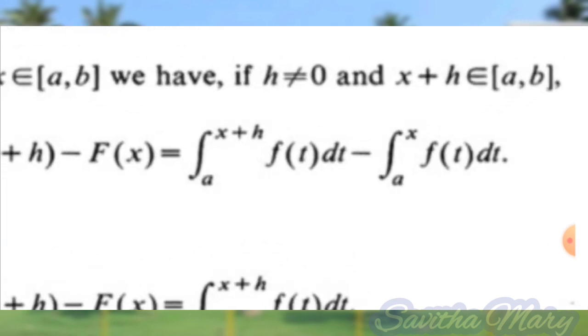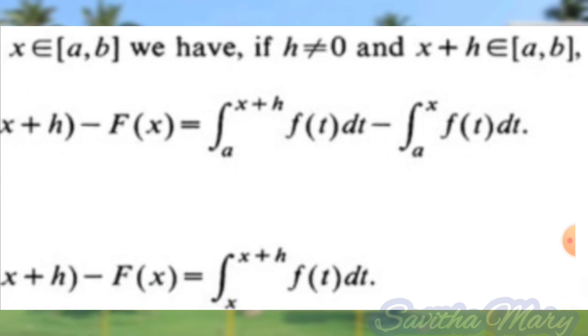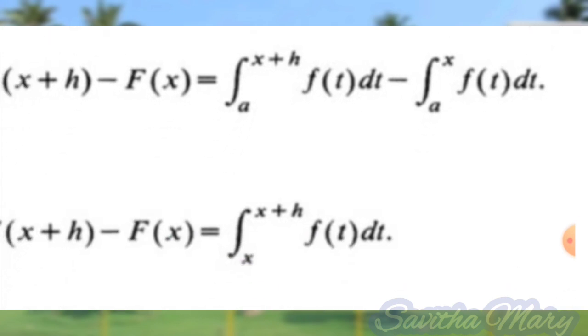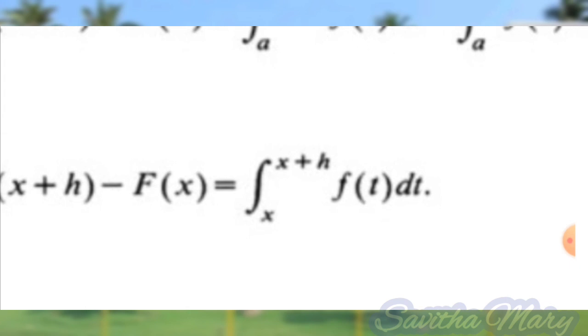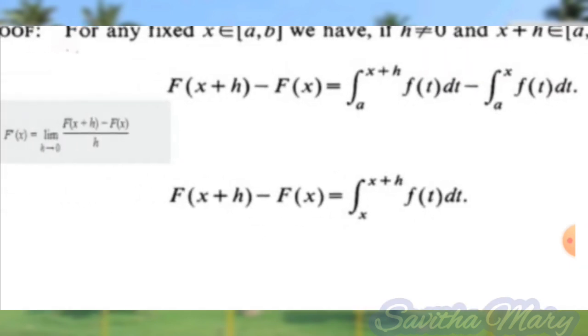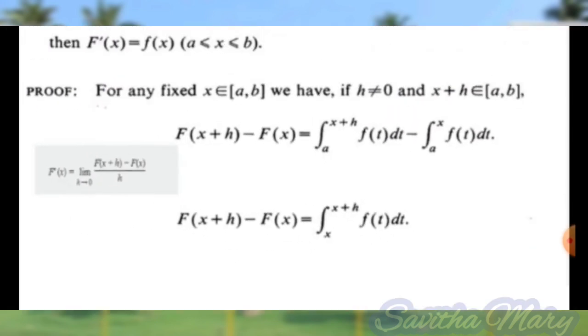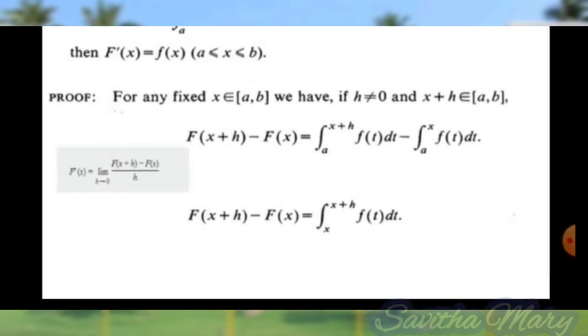Because we know that we can swap the upper and lower limits by changing the sign, it is an integral from x to a of f(t) dt. Then combining these two integrals, we get the integral from x to x+h of f(t) dt. So F(x+h) - F(x) equals the integral from x to x+h of f(t) dt.